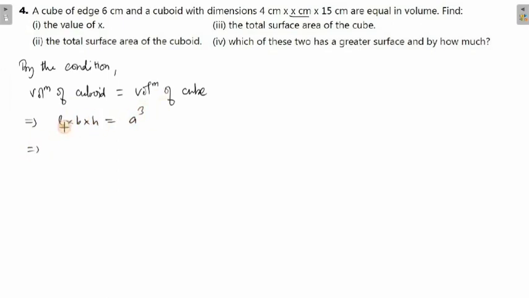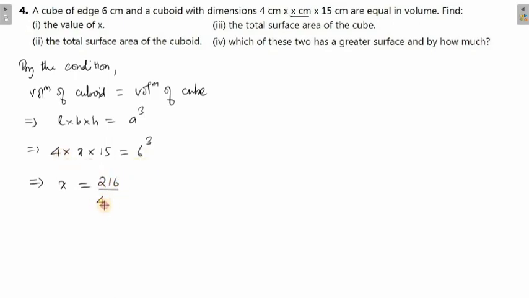Now L into B into H: length is given to be 4 centimeter, breadth is given to be x, and height is given to be 15, and each side of the cube is given to be 6, so it becomes 6 cube here. So keep x out here. 6 cube is 216.